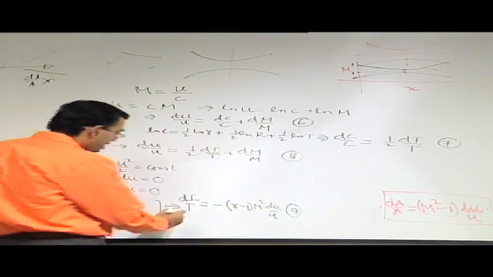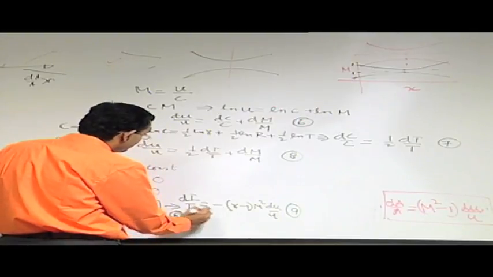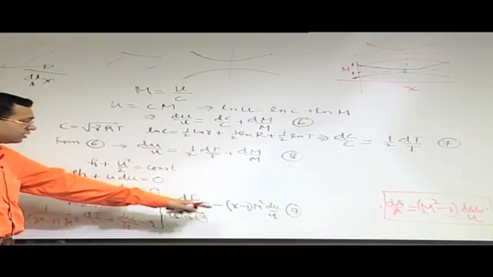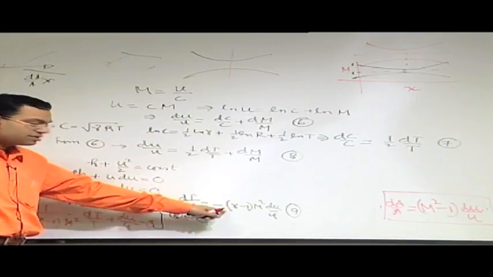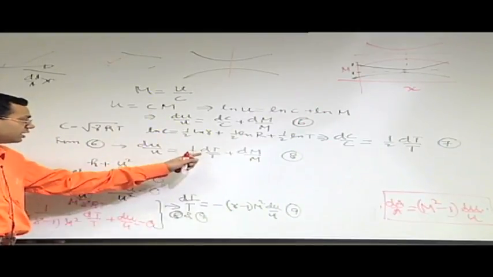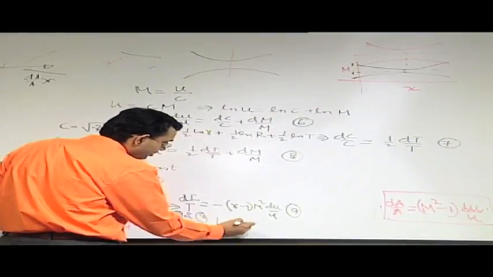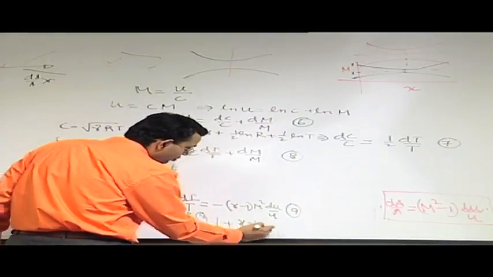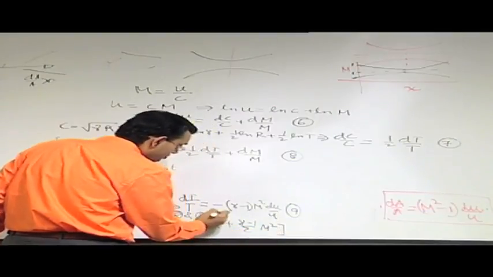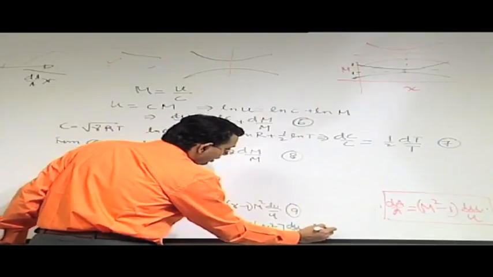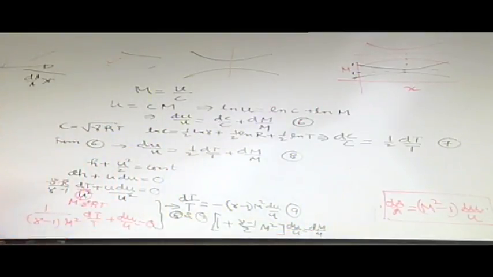So, if you combine 8 and 9, dt by t is written in terms of du by u, half of the right hand side, and so that will become 1 plus gamma minus 1 by 2 m square du by u is equal to dm by m, right.